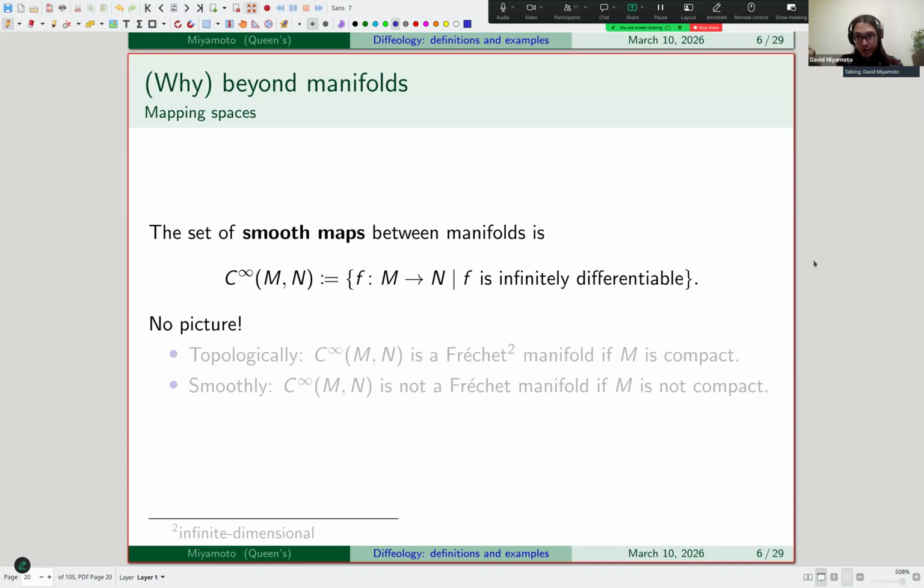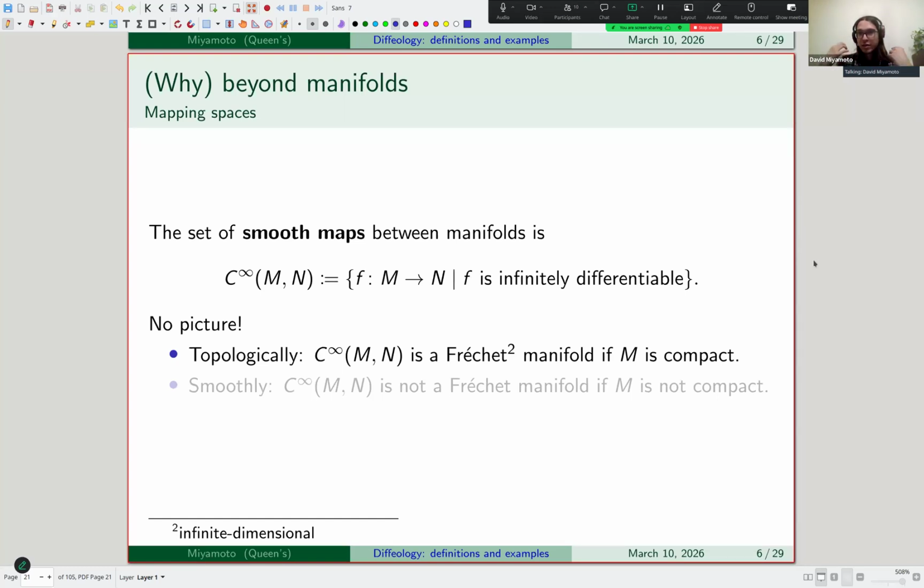But in certain situations, we do have some control over that infinite dimensionality. Topologically, if M is compact, for instance, if the domain is compact, we can equip this with the structure of a Frechet manifold. So you would have local neighborhoods, and the local charts would go to some Frechet spaces.